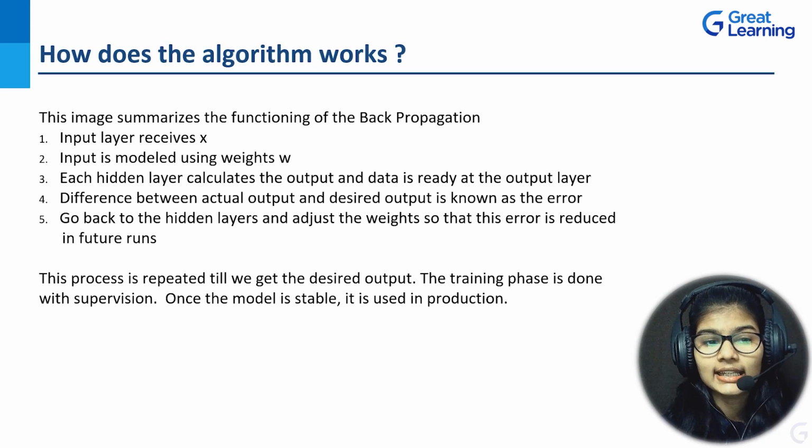The training phase is done with supervision. Once the model is stable, it is used in production. Whatever the training phase is, that is done with complete supervision, meaning complete carefulness. And whenever the model is stable and reliable, it is used in production. Okay.